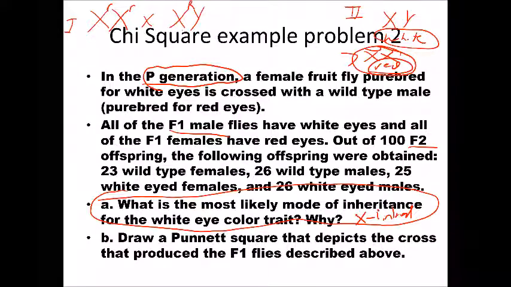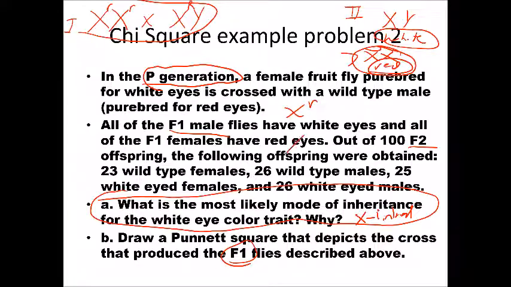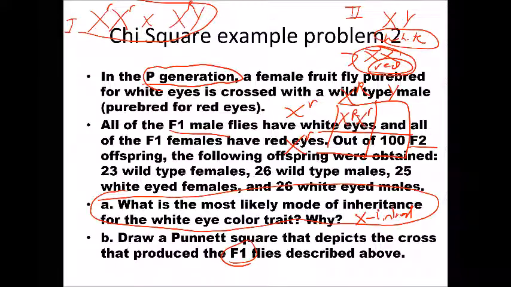So let's draw a Punnett square that depicts the cross that produced the F1 flies. The F1 flies are the children of these individuals. If we draw a Punnett square, it looks something like this. These individuals would have a dominant and a recessive, so they're going to have red eyes.